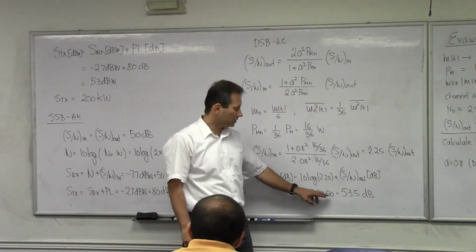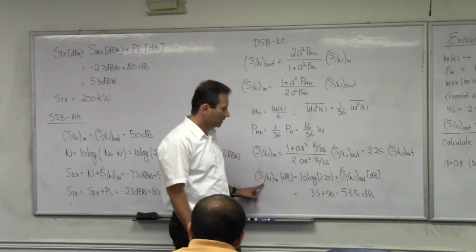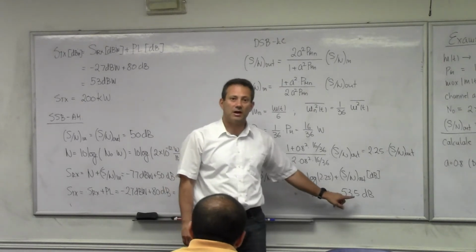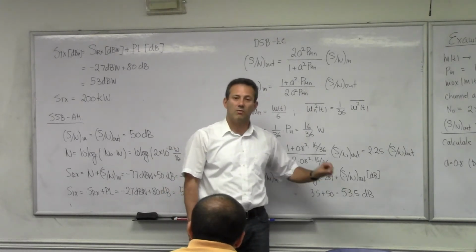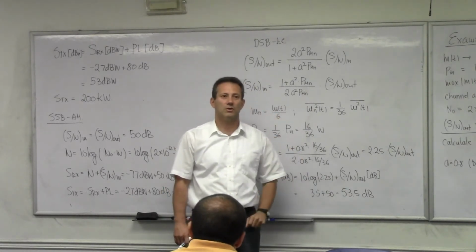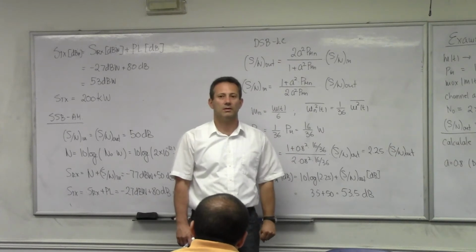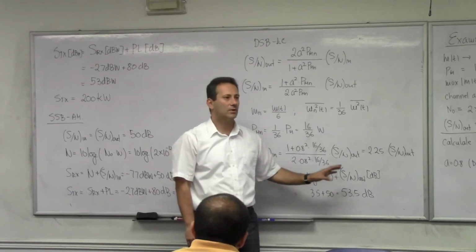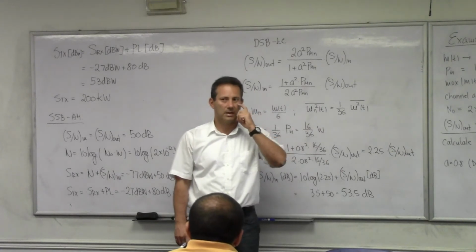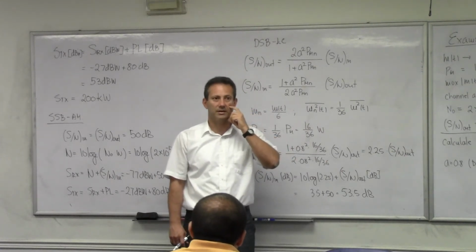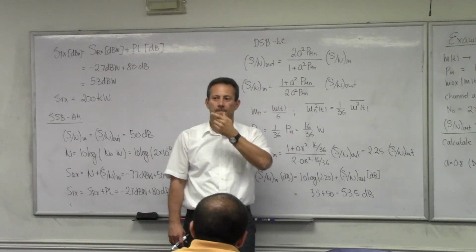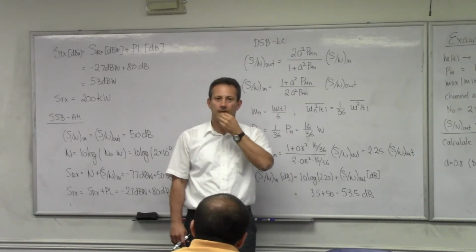It says that the input signal to noise ratio needs to be larger than the output. Where are we losing? Why do I have to have input signal to noise ratio better than output? Where is the loss?